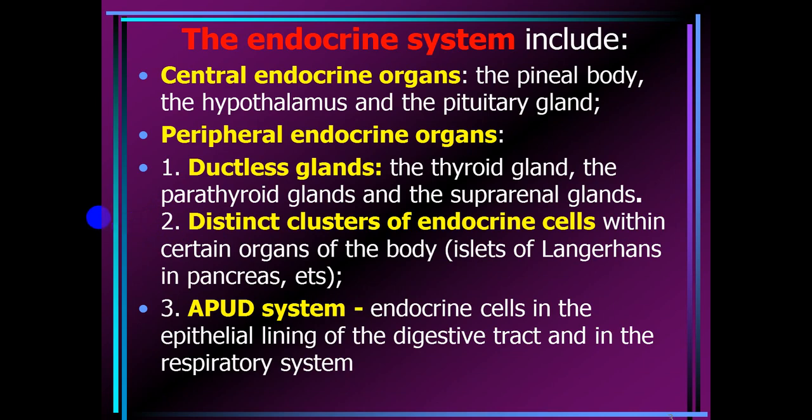And the third part of the peripheral endocrine organs is APUD system, abbreviation of four capital English letters. It is endocrine cells in the epithelium lining of the digestive tract and in the respiratory system. It is system of single cells, and these cells are classified according to the capital letters of the English alphabet.